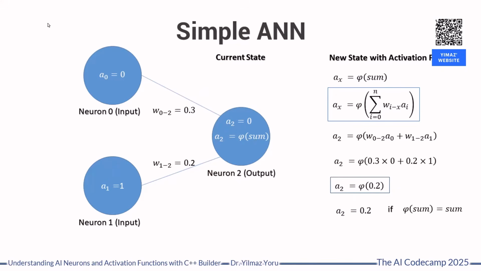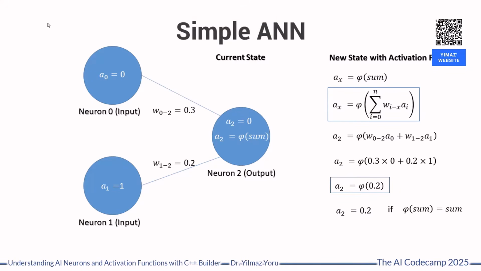This is a very simple artificial neural network example with 2 input neurons and 1 output neuron, and each input neuron is connected to the output neuron with a link, and each link has a weight, which defines which input is more important and which is less important. We multiply these weights with the input values.